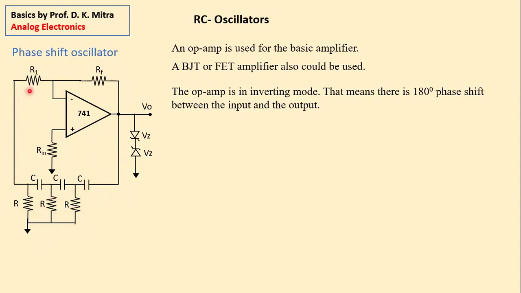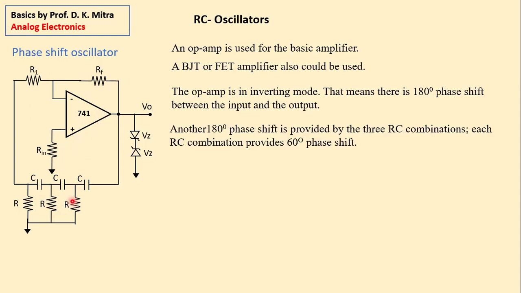So a total of 360 degrees or 2 pi phase shift, and that means the Barkhausen criterion is satisfied. And the values of R and C and RF and R1 have to be so designed that A beta becomes equal to 1. The angle part is already satisfied by these reactances.